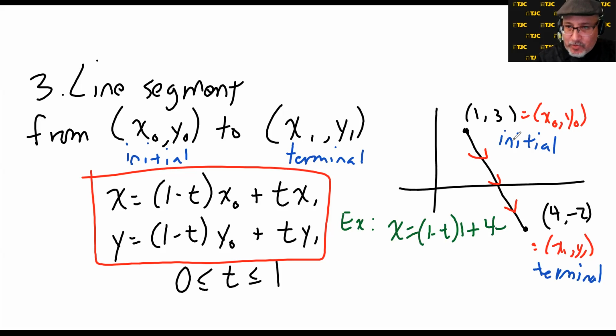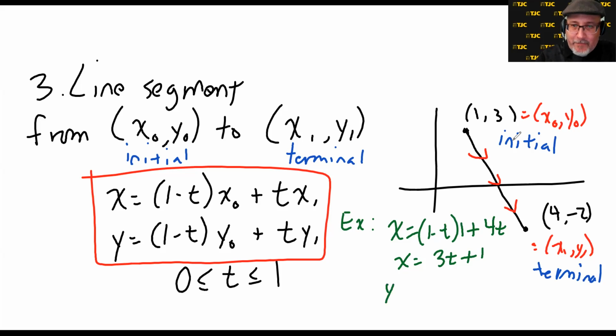I can't bring myself to write t4, so I'll write 4t. And we can distribute and clean that up. Let's see, we have a 4t here and a minus 1t, so that'll give us 3t. And then the other half of this distribution will give us a plus 1. So x is equal to 3t plus 1.